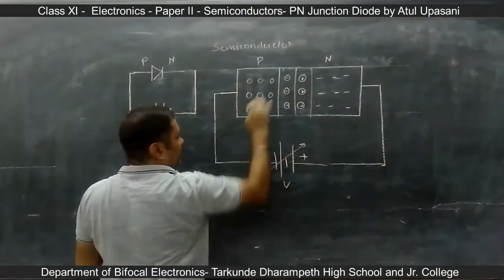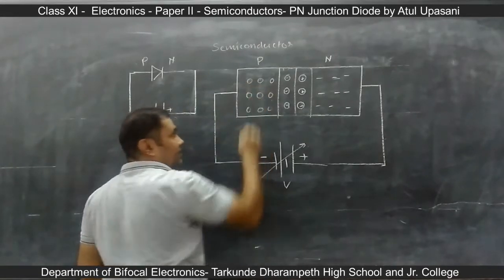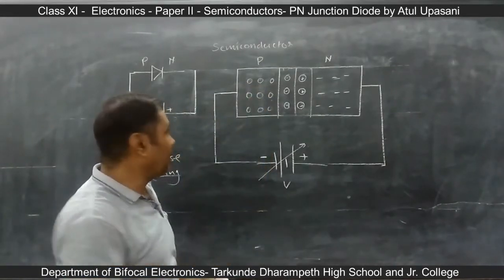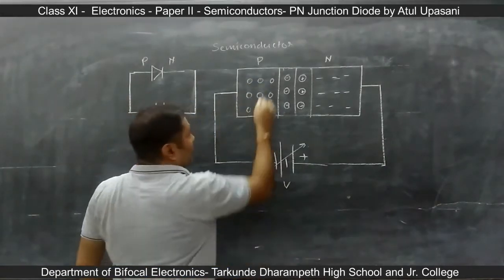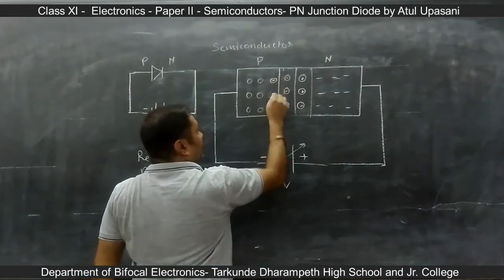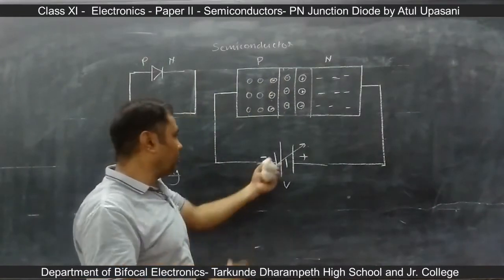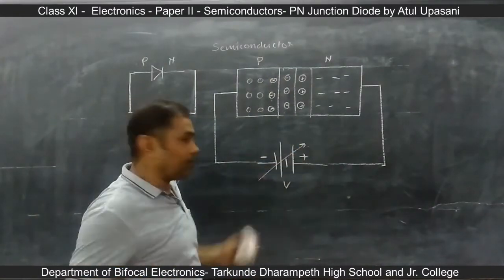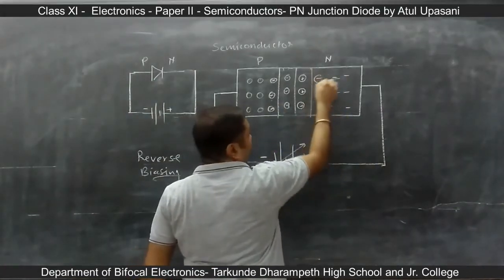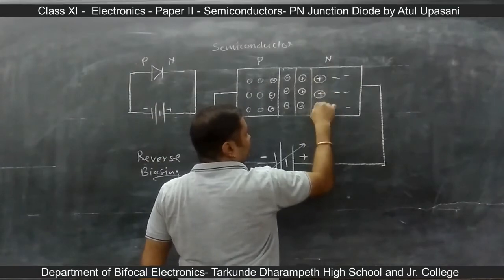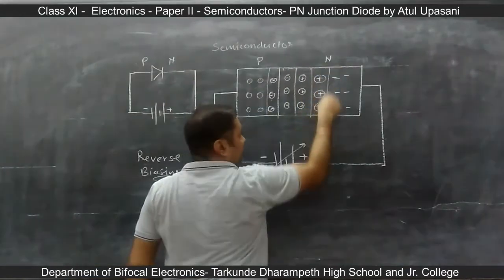These electrons flowing towards the P side will recombine with the holes on the P side, so another pair of ions is formed at a certain voltage, suppose 1 volt, for example. On the N side there is also formation of ions at a particular voltage. So this depletion layer is now increasing.